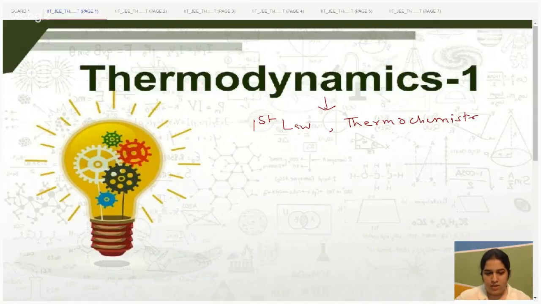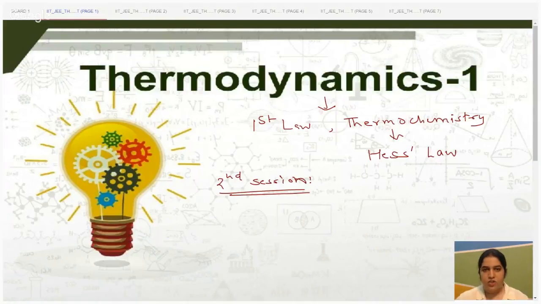In thermochemistry particularly, we will be looking at questions based on the Hess law. In the second session we will be discussing questions based on the first and second law of thermodynamics along with the Gibbs-Helmholtz equation. That's a very, very important equation when it comes to JEE exams.